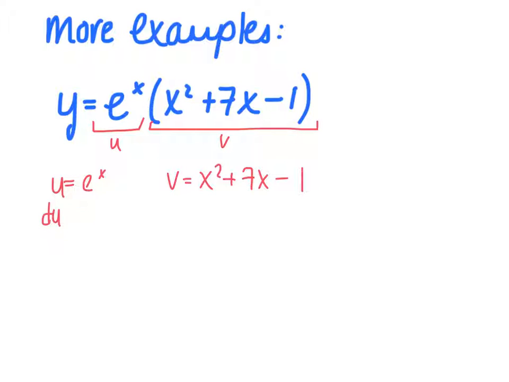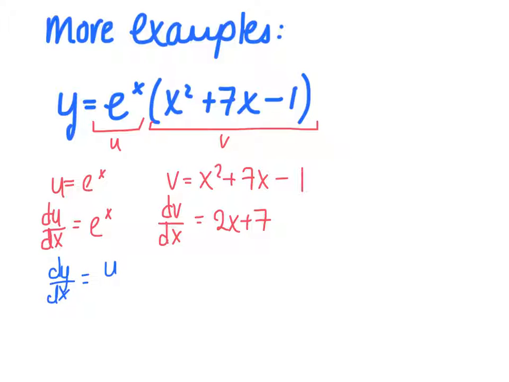So we need du by dx, which is e to the x, and we need dv by dx, which is 2x add 7. Now, we know that the product rule tells us that dy by dx is u dv by dx plus v du by dx, or the other way around because it's addition there.